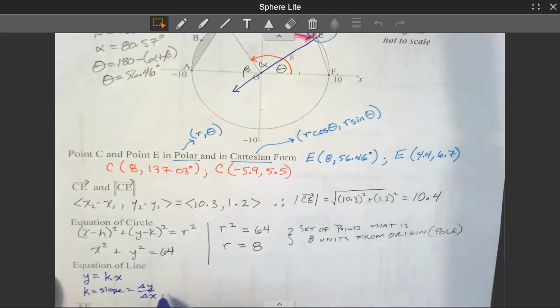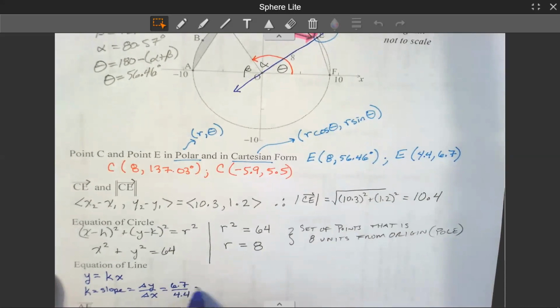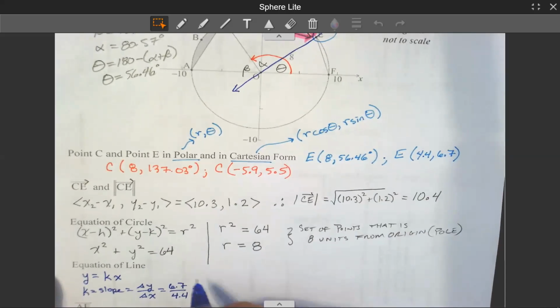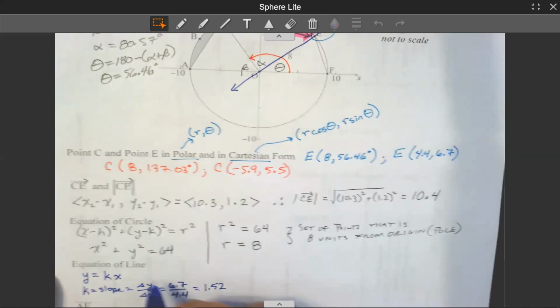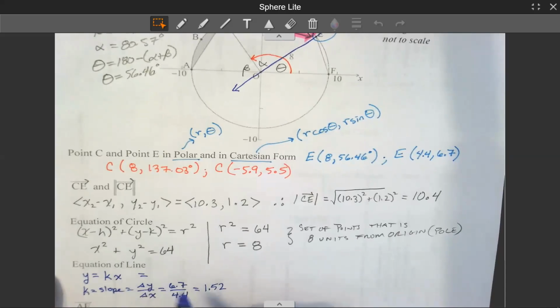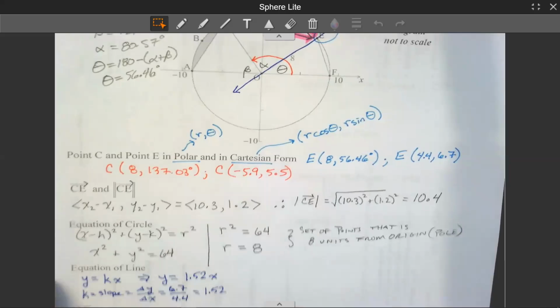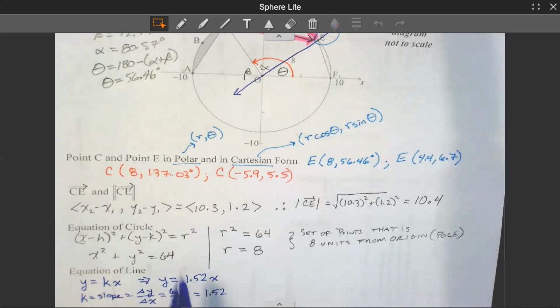So that's going to be 6.7 divided by 4.4. If we put that into our calculator, we get about 1.52. So therefore, our equation is going to be y = 1.52x. So we have a line with the slope of positive 1.52 going through the origin.